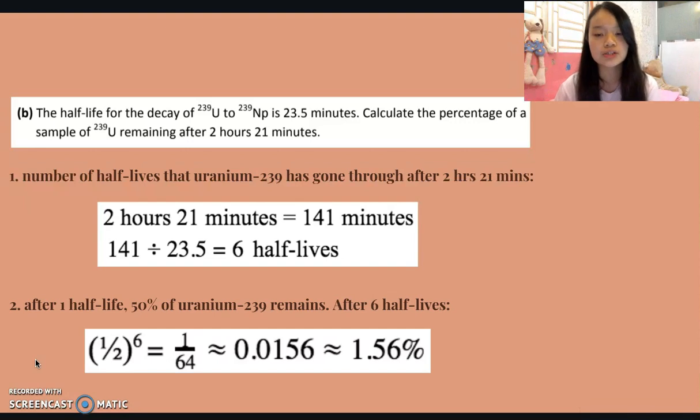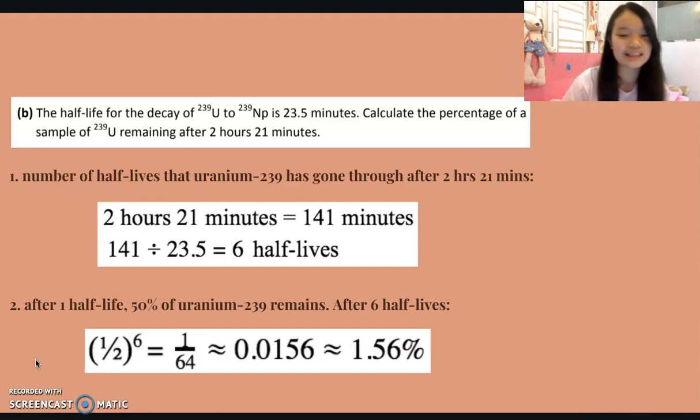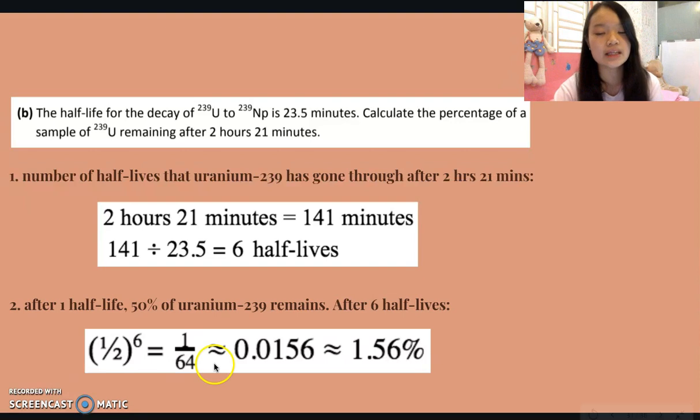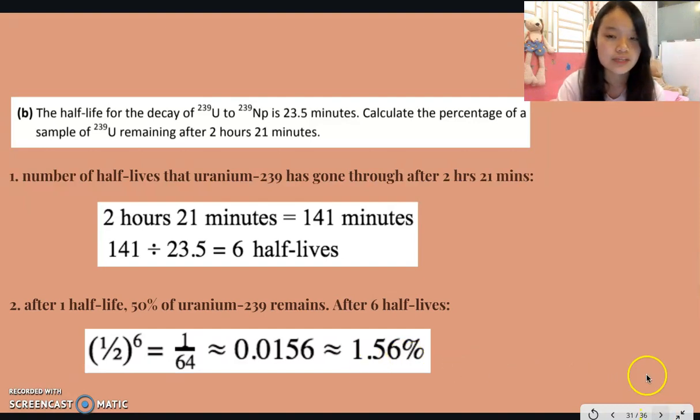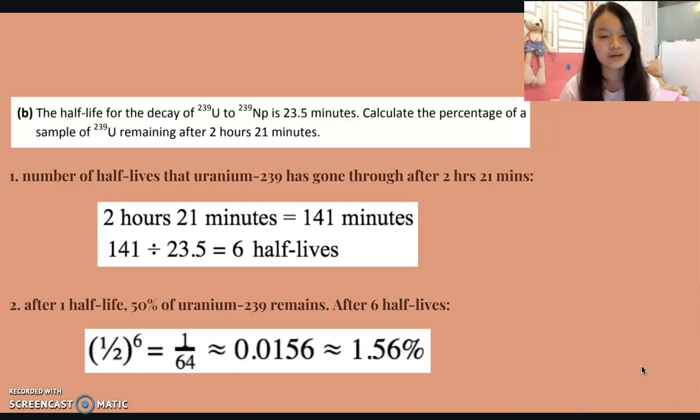I convert it into a decimal and multiply by 100 to get the percentage of uranium-239 remaining, which is 1.56%. So after 2 hours and 21 minutes, 1.56% of uranium-239 remains.